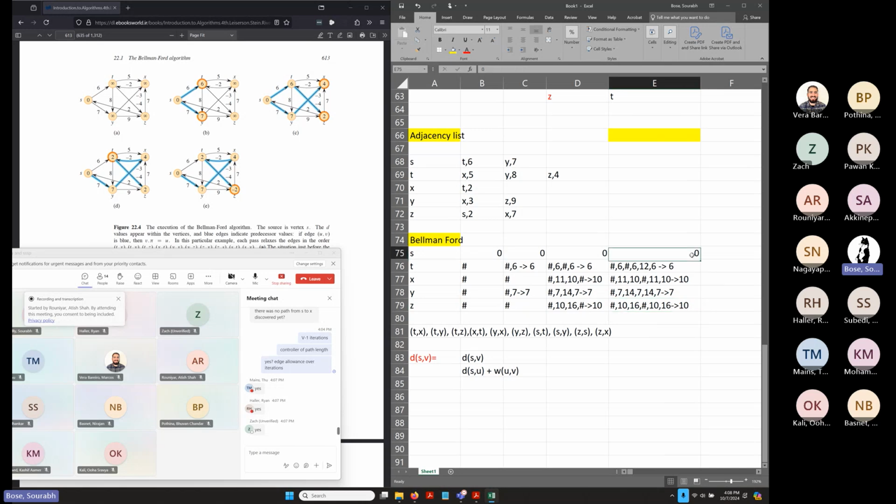So we are trying to update S. S to Z is currently 10. ZS is currently 2. So we are offering 12. It remains 0. Obviously. Now we are looking at ZX. X is currently 10. S to Z is 10. ZX is 7. So it is offering 17. It remains 10.